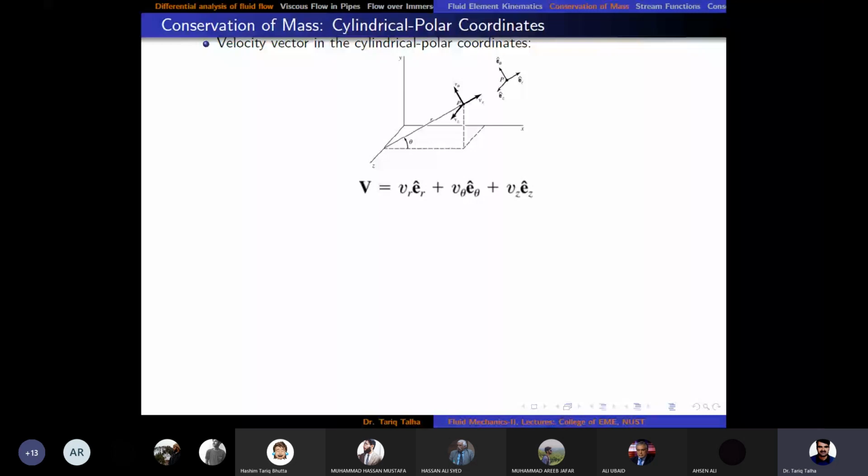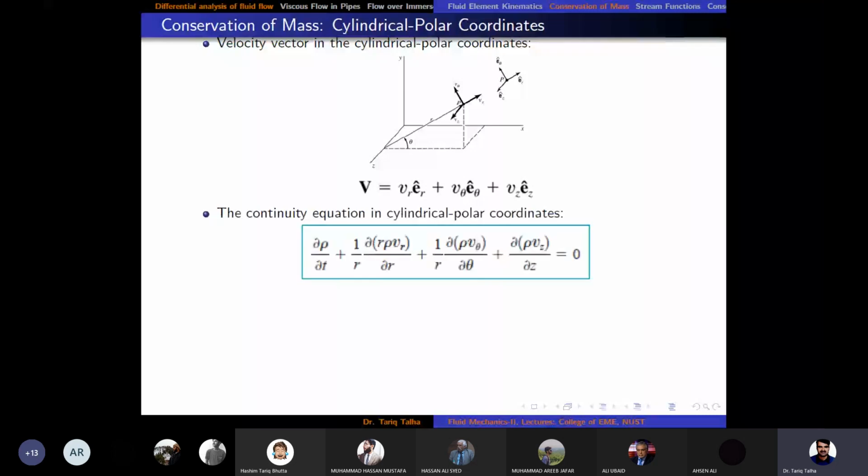So the final form of the continuity equation in cylindrical polar coordinates is partial rho upon partial t plus 1 upon r times the first term, which is the mass flow in the radial direction; the other one is the mass flow in the angular direction, which depends upon theta; and then the z direction, which is the out-of-the-board direction. So that is the third term.